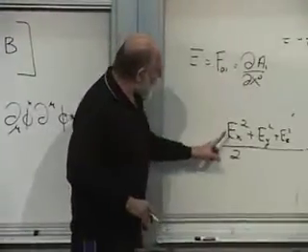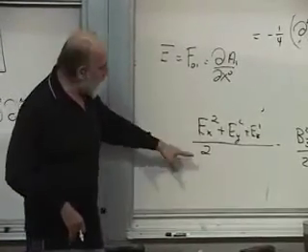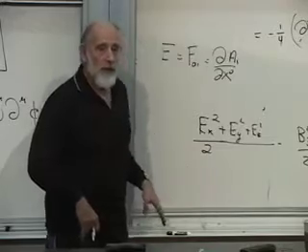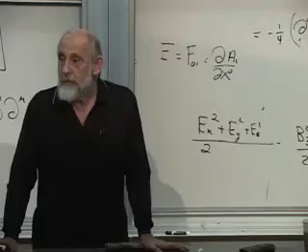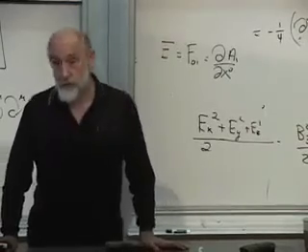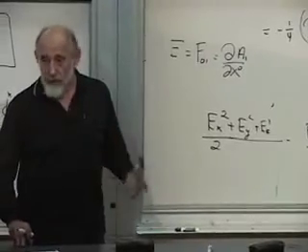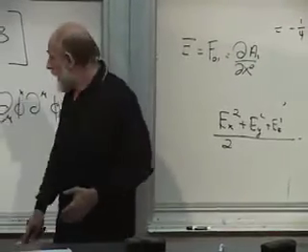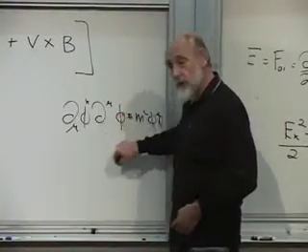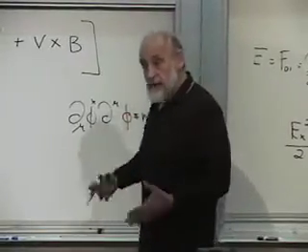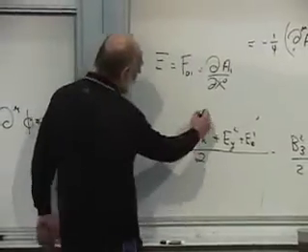When I square it, it contains some time derivative squared. What kind of terms in the Lagrangian involve time derivative squared? Kinetic energy. So this is similar to the phi dot squared term, or x dot squared. This is the kinetic energy of the field.